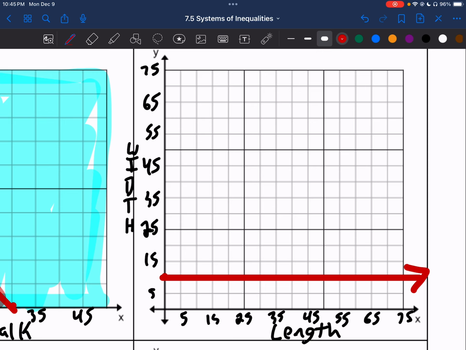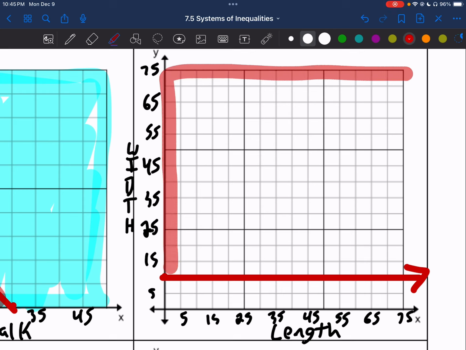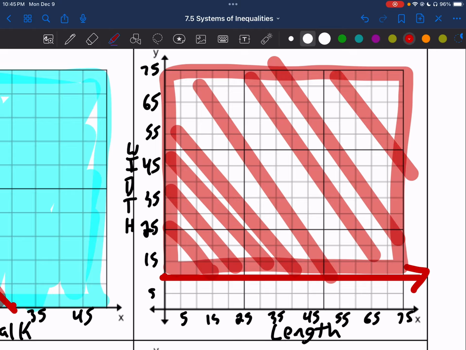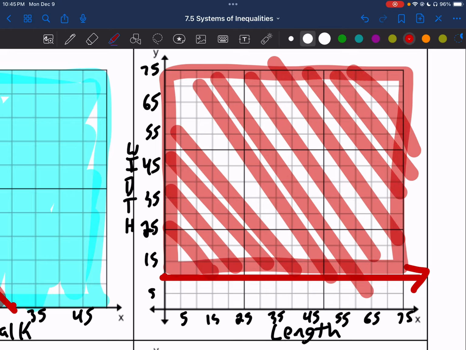No, but we can, so we're going to draw it. We are shading above because it has to be at least that far. One thing you could do on these kinds of problems, if you are not using colors, is cross-hatching like this, where you are showing the direction you're shading.